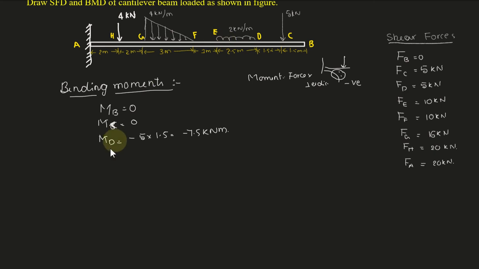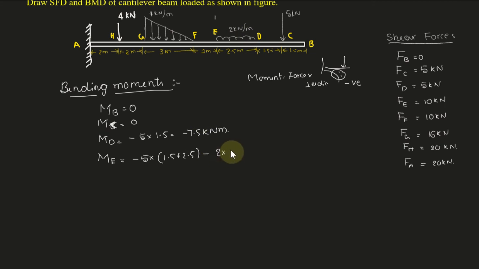So let us find out bending moment at E, ME. Up to E we need to find out. How many loads do we have here? One 5 kilonewton concentrated load and one uniformly distributed load. Let us find the force multiplied by perpendicular distance up to E. That is minus 5 into the distance 1.5 plus 2.5 up to E, minus the uniformly distributed load.